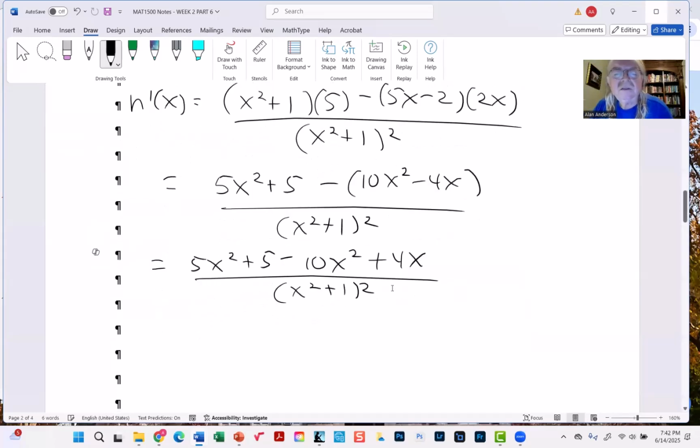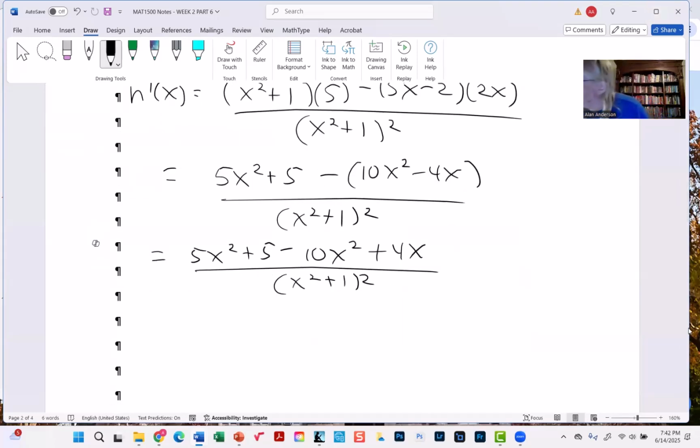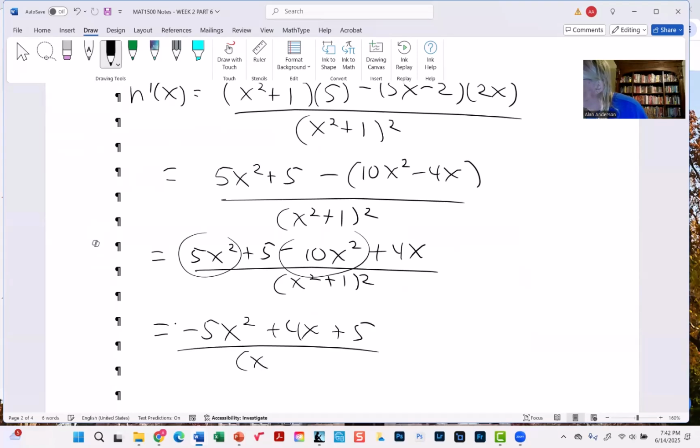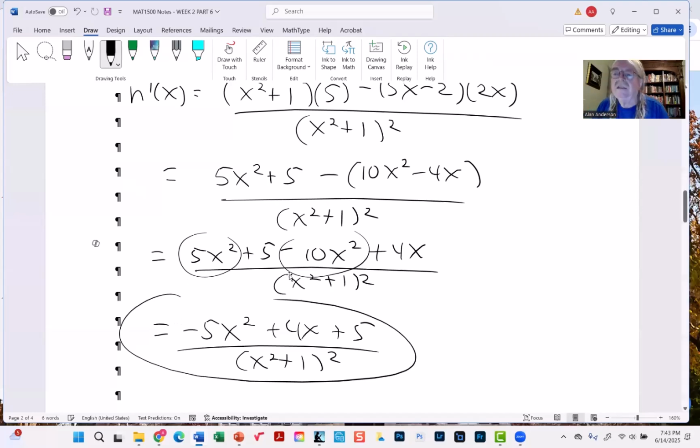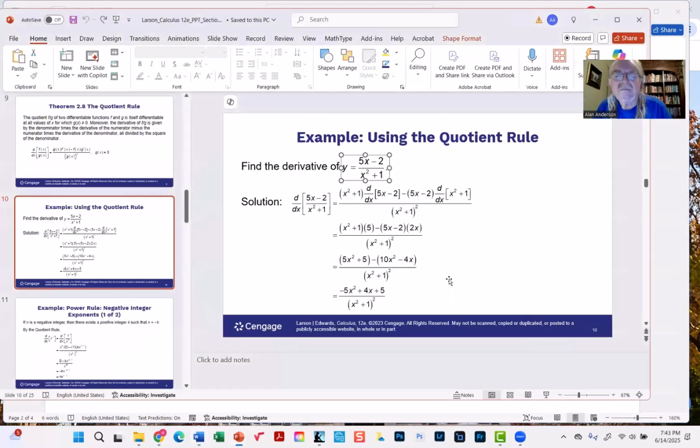And then there's a couple of terms we can combine here. We've got minus 5x squared plus 4x plus 5, all divided by x squared plus 1 squared. Now, it's possible in these cases that you could evenly divide the denominator into the numerator, or there might be a common factor, but it doesn't look like it here, so we can just leave it like this. And you can see it is a very complicated rule. All right.